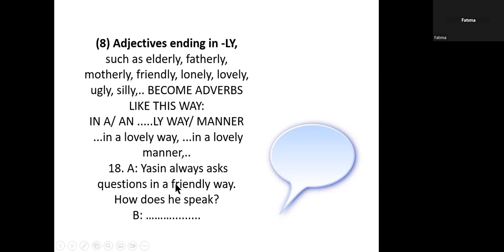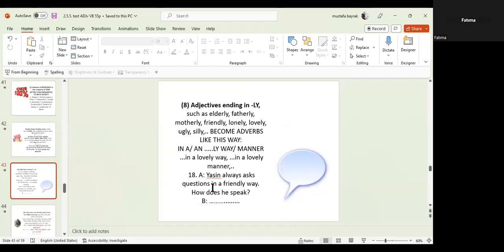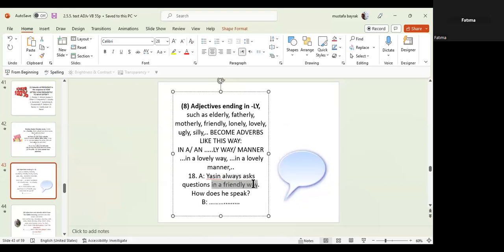So Yasin is a friendly person, adjective, friendly person. In a friendly way is an adverb. This is really important. The adverb form is of the adjective friendly. Yasin, let me write the adjective form, is a friendly neighbor.